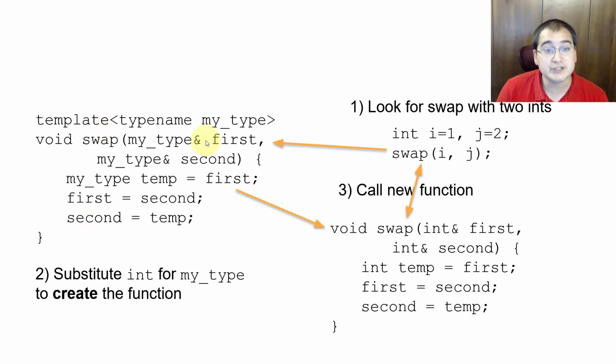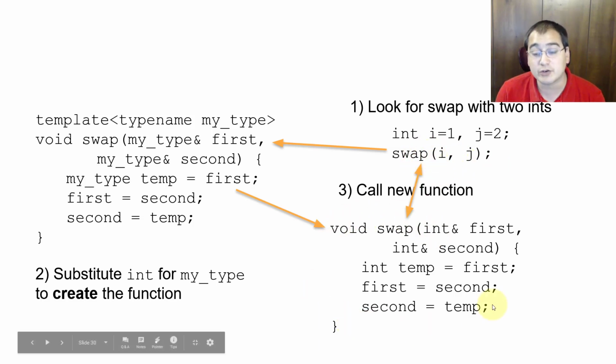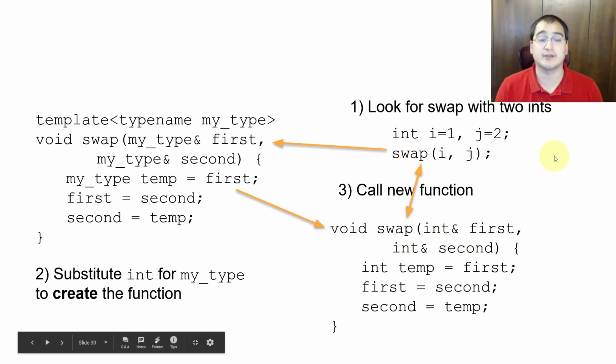And then you write your function using this arbitrary type. And so then when you call that function, the compiler will go, oh, you're calling swap with two integers. Okay, that must mean you're trying to use the int version of swap. And so it will create a version of swap that uses integers as your my type. And then it will call this function. It will call the version of the function that it made specifically for this function call.